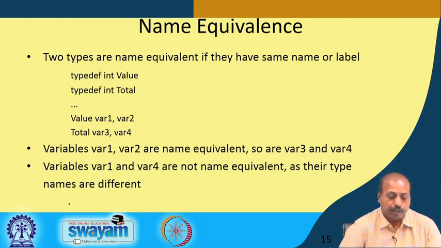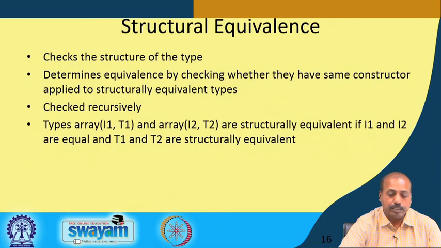But var1 and var4 are not name equivalent, because they are of the names of different types. var1 is of type value and var4 is of type total, though ultimately both of them boil down to integers, but name equivalency will not check that way. It will just look at the immediate type, and based on that it will give us the type of the variable. So, that is the name equivalency.